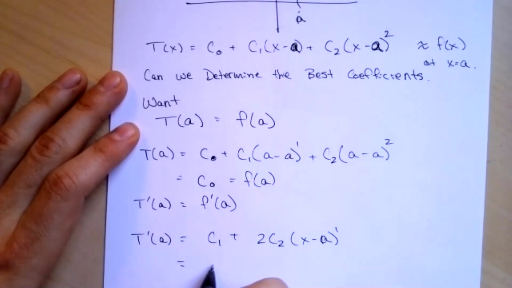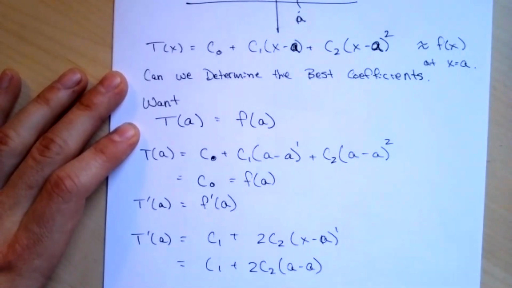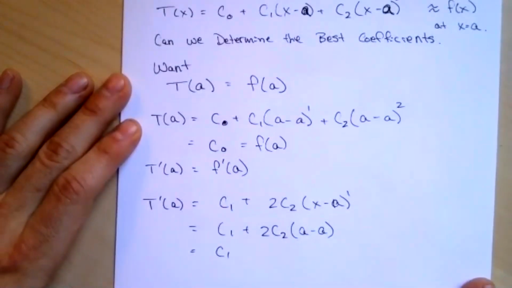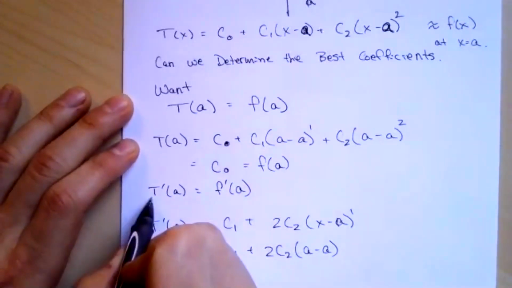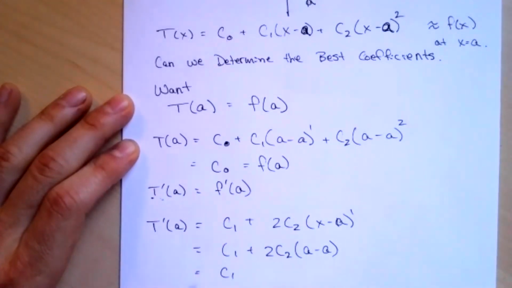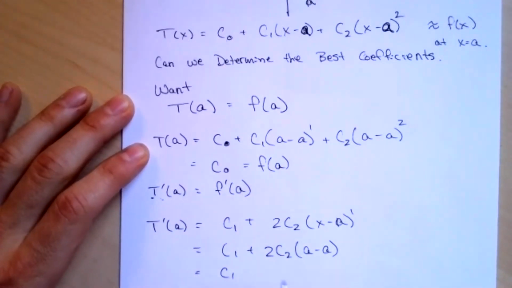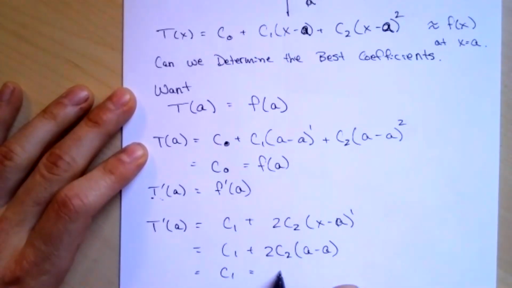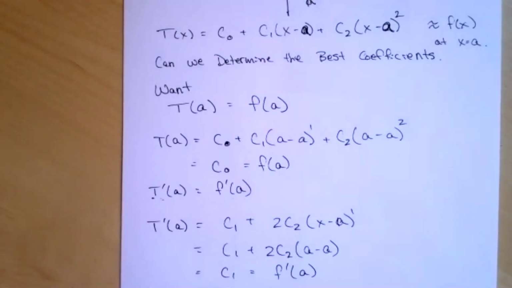And then when we evaluate it at x equals a, we simply get c1. And so the requirement that our first derivatives are equal tells us that this first coefficient, or c1, has to be equal to the derivative of f at a.